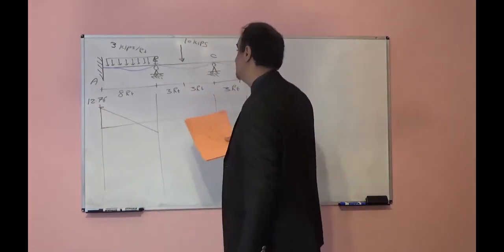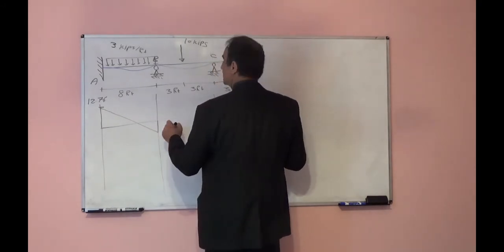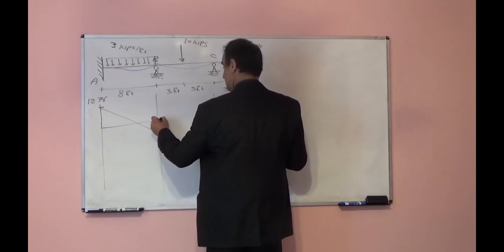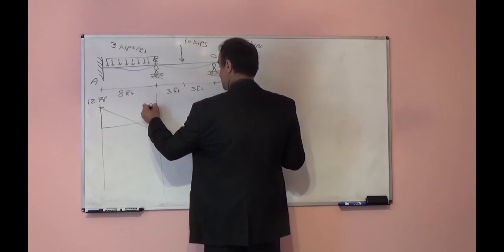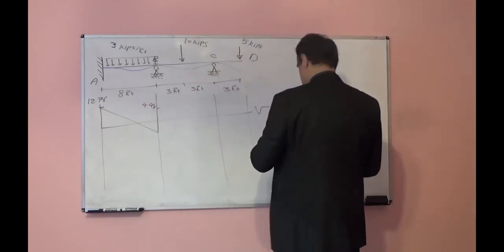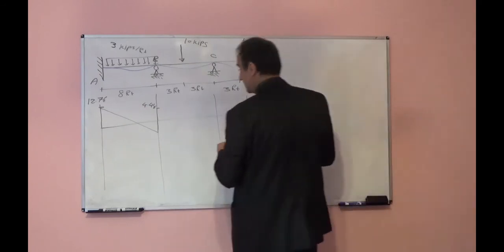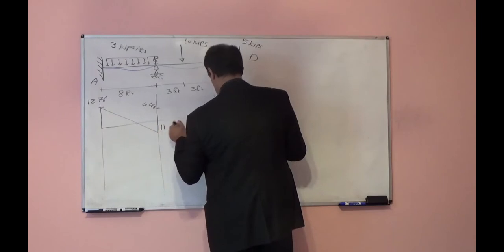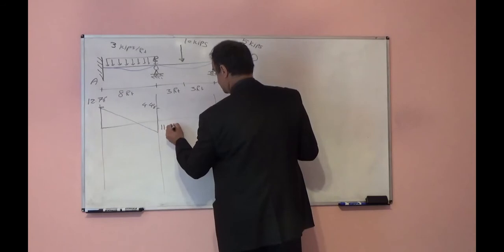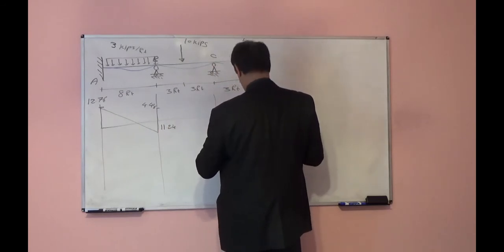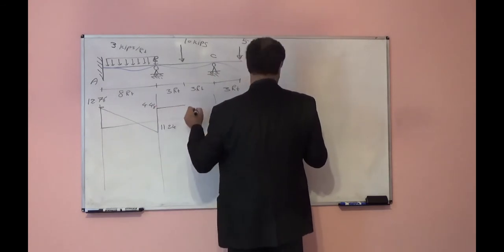As much as VB left, I will move up. Then as much as VB right, I will move up. So I will reach to the 4.48. Let's see, everything is right, yes. And here this will be 11.24. 4.48.